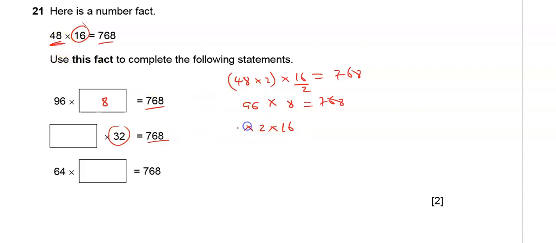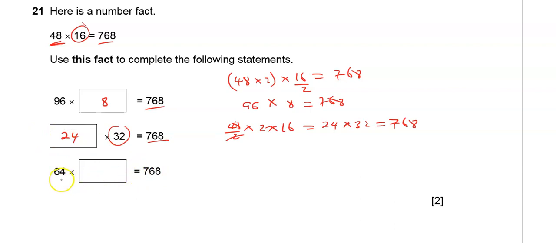If we cancel 2, we still remain with this number. So our number here becomes 24 times 32 equals 768. So our number here is 24.